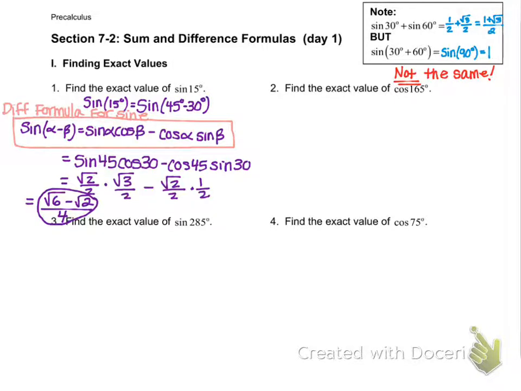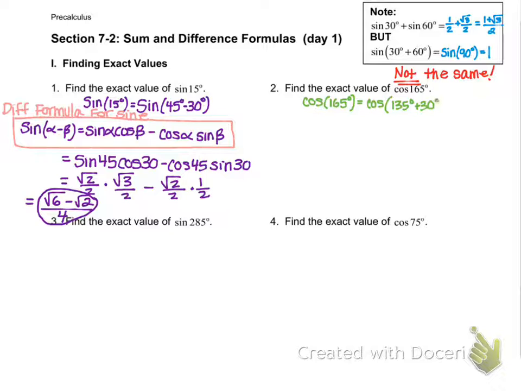For number 2, we need to come up with cosine of 165. So the two values that I think of to get 165 are 135 and 30. So I can say that the cosine of 165 degrees is equal to the cosine of 135 degrees plus 30.